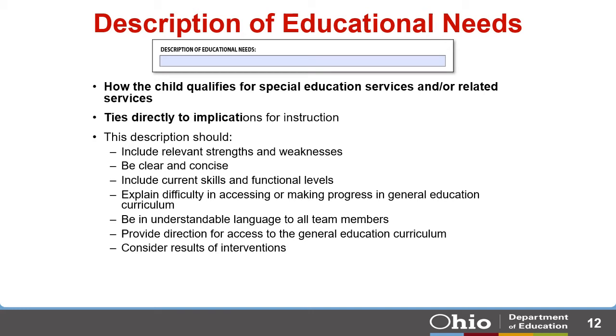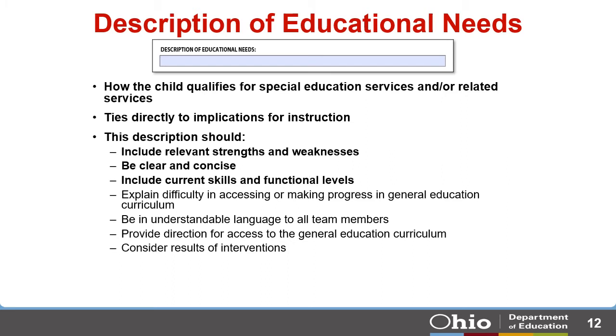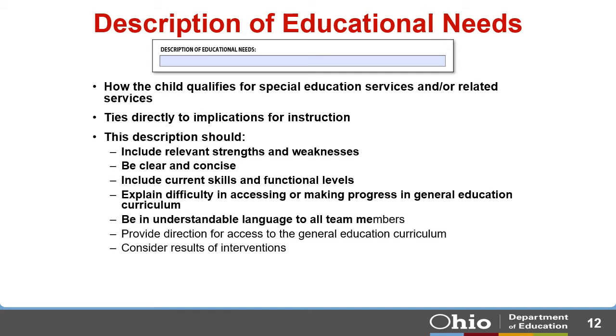The Part 2 team summary description of educational needs should include relevant strengths and weaknesses from all Part 1s completed, see previous module for detailed information; be clear and concise; include the child's current skills and functional levels; describe the skill deficit areas that prevent the child from accessing, participating, and/or making progress in the general curriculum, including age-appropriate routines and activities; be in language that is understandable to all team members, including the parent; and consider the results of the interventions, if applicable, provided to the child prior to the initial evaluation.